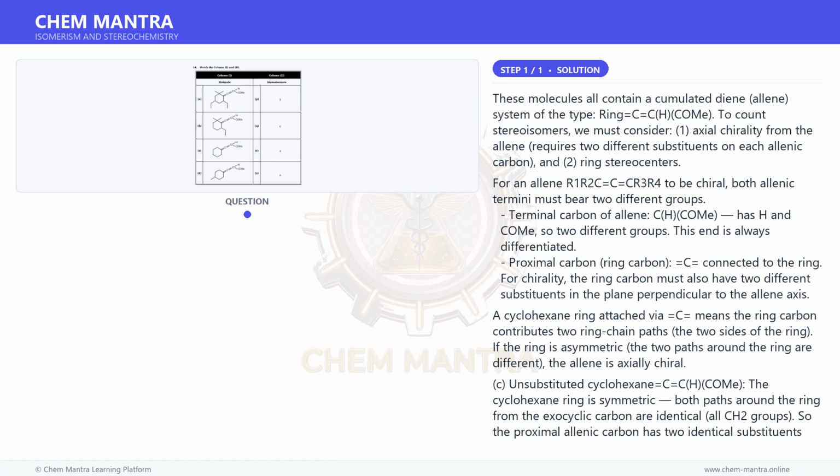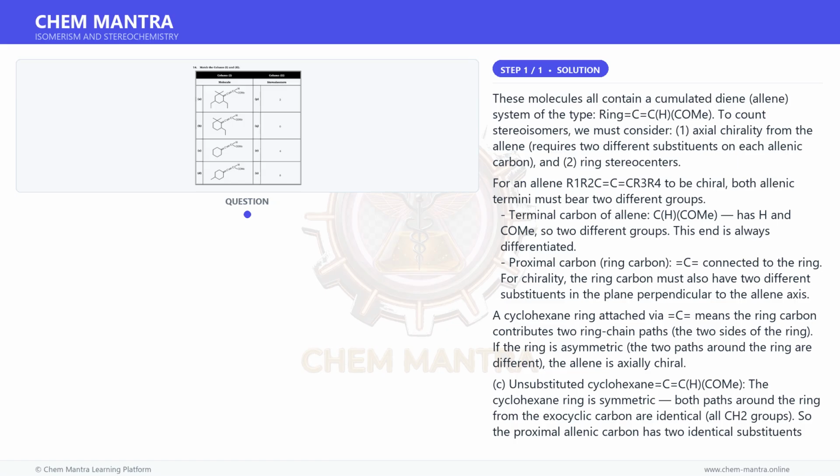That would make C1 quaternary, part of ring, 2 bonds, plus C=C 2 bonds, and gem-dimethyl would require 2 more bonds, 6 bonds total. That's impossible. So the gem-dimethyl must be on an adjacent carbon, not the allenic carbon itself.